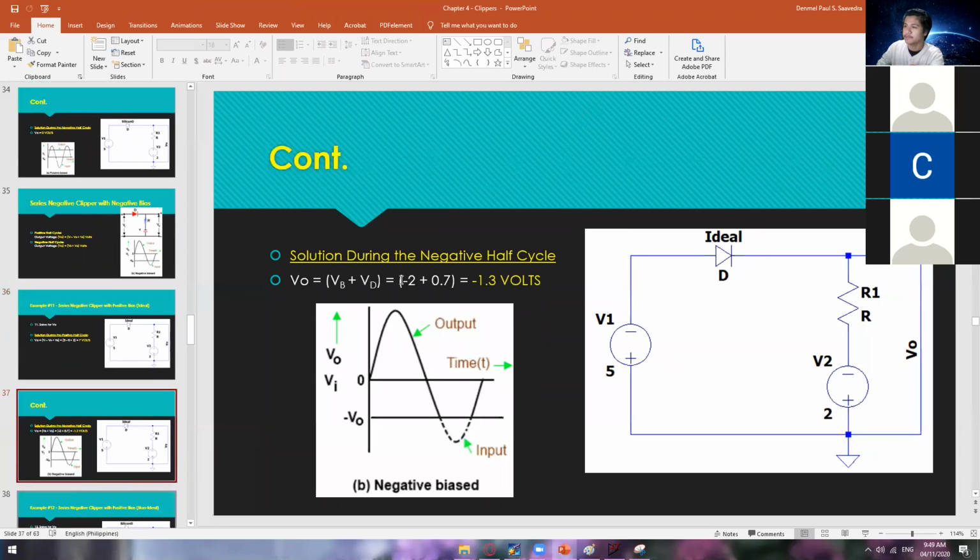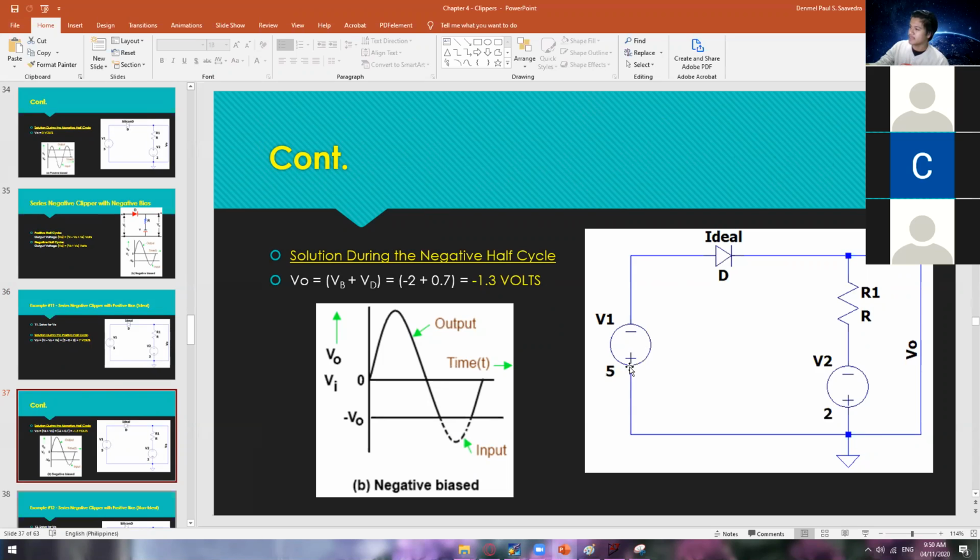And then for the negative half cycle, as you can see right here, negative is connected to the positive, positive is connected to the negative. Okay, so the same with this one, bias voltage. Nothing has changed. Negative is still connected to the negative, and positive is connected to the positive. So as you can see right here, our V sub I will always be in reverse bias. Okay, why is that so?